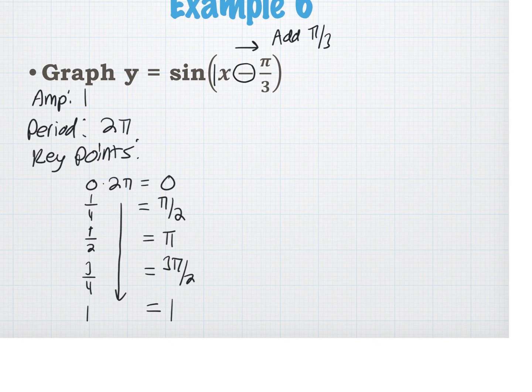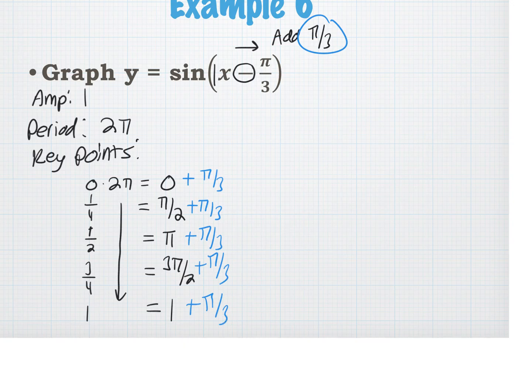Now what you want to do is add pi over 3 to all of these points. So plus pi over 3, plus pi over 3, plus pi over 3, plus pi over 3, and plus pi over 3. Wait, hang on, this is 2 pi, sorry.